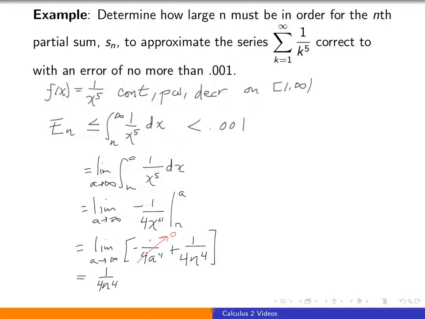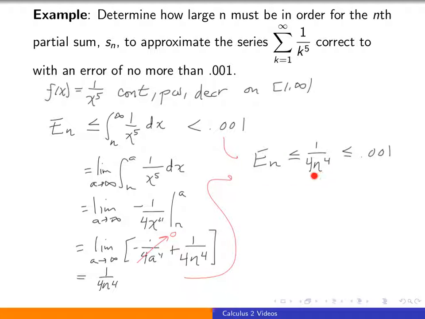And we're now ready to kind of tie things together. So what we have is that the error, E sub n, when using the partial sum S sub n to approximate the series, is bounded above by 1 over 4n to the fourth, and we need this to be smaller than 0.001. That is, for what n will this be true?